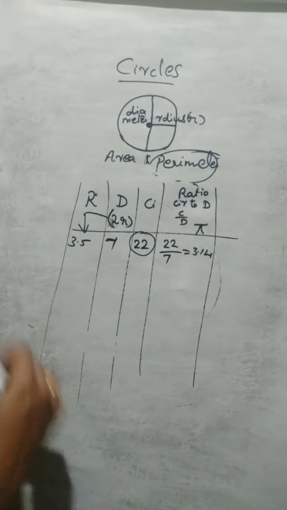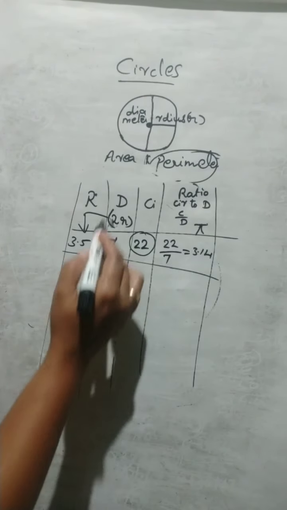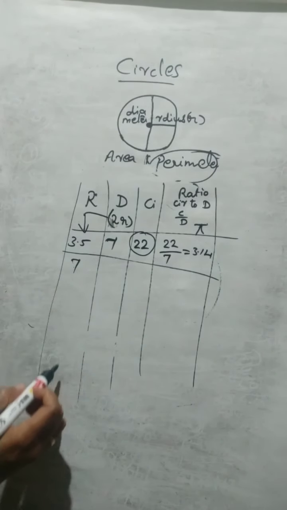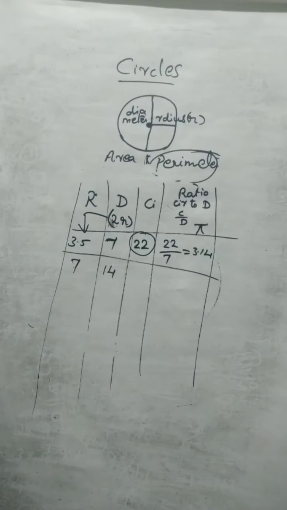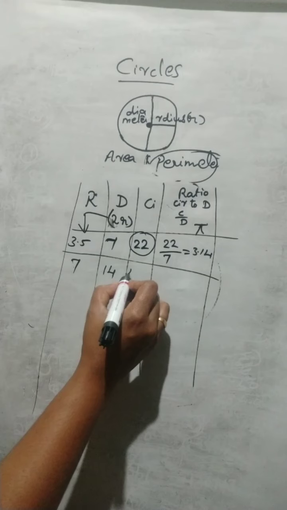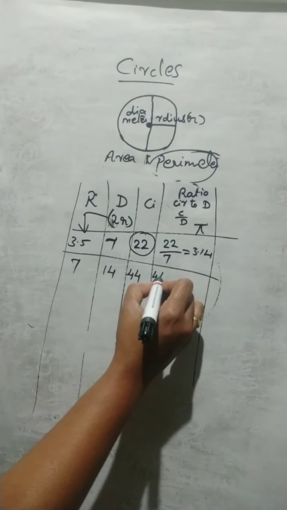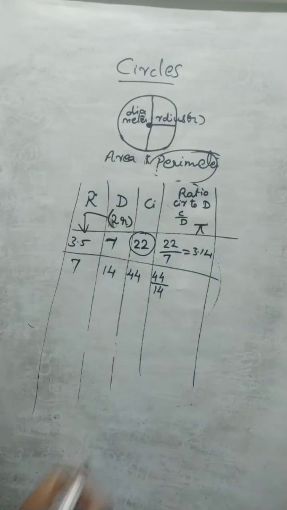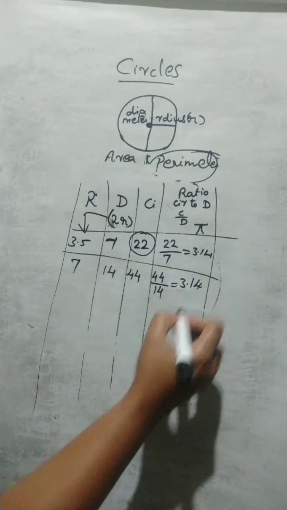Another example: if the radius is 7, then the diameter will be double this 7, that is 14. Then the circumference is 44 centimeter. Then 44 divided by 14 is nearest to 3.14.